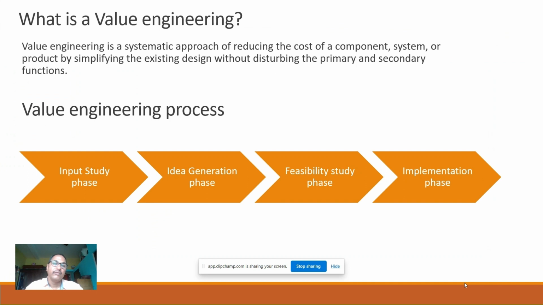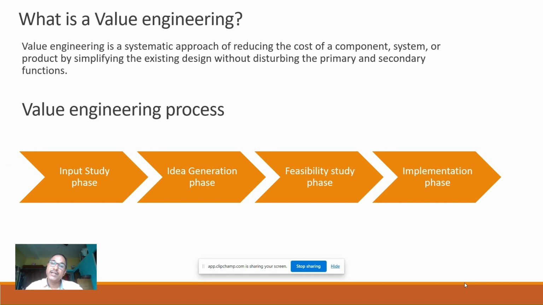Then we do the idea generation using the brainstorming process, where we come up with a lot of ideas to bring down the cost of that particular system without disturbing the function of that. And once we sort out the ideas, we do the feasibility study of those ideas in the feasibility study phase.